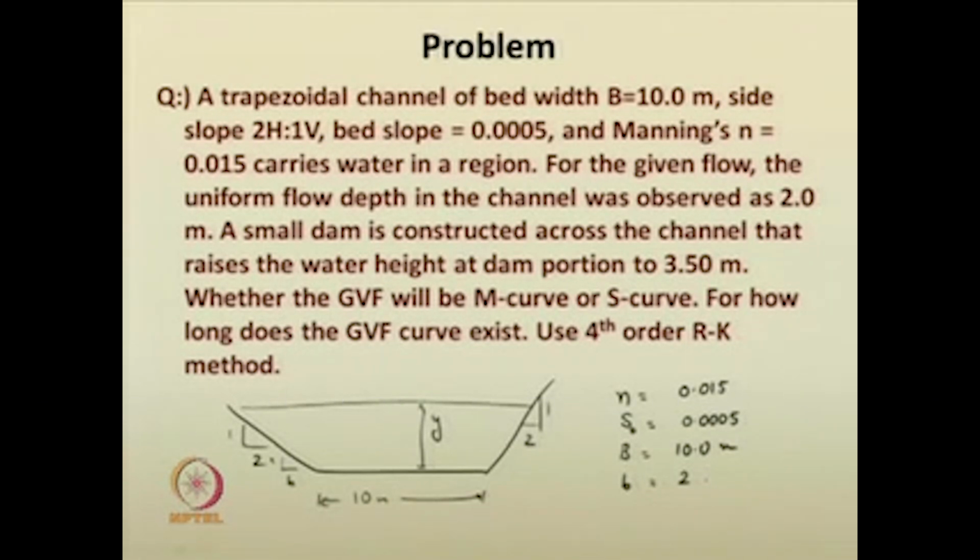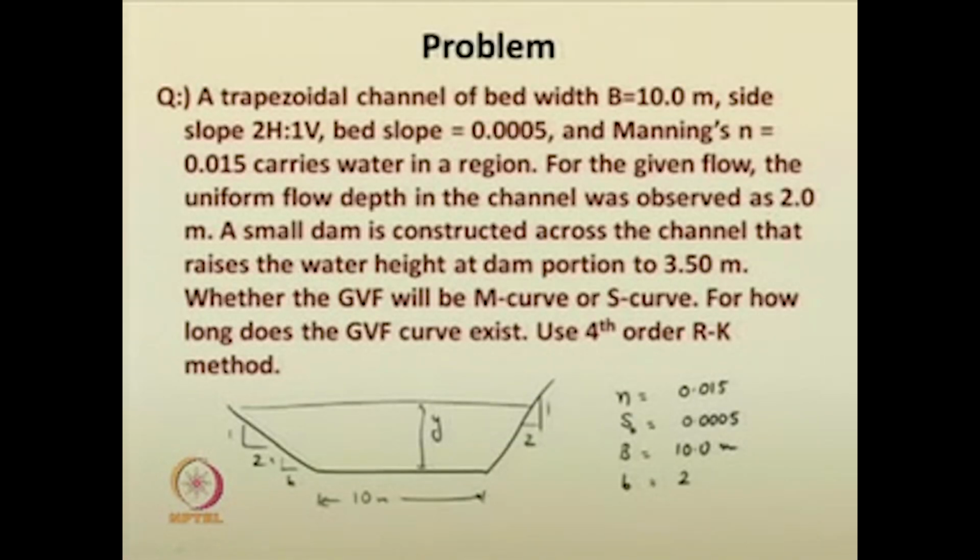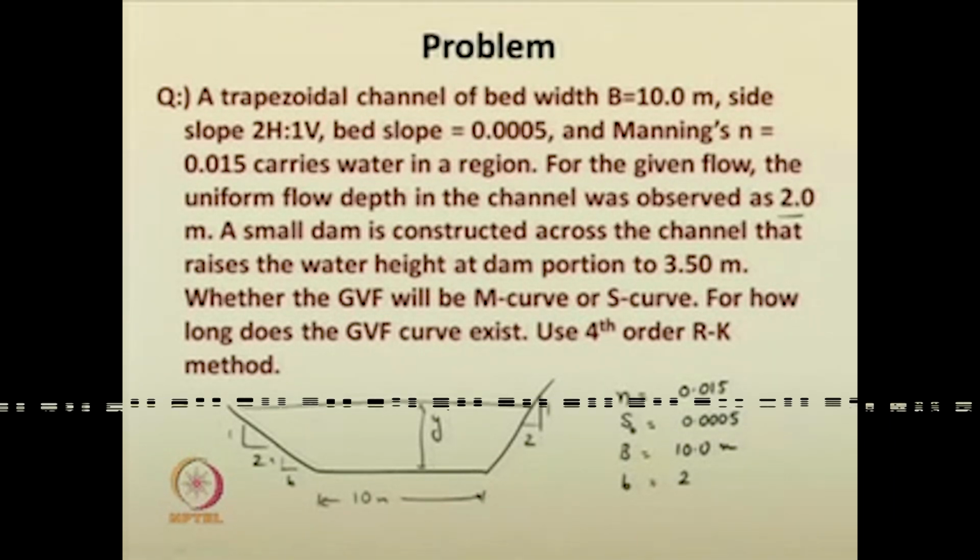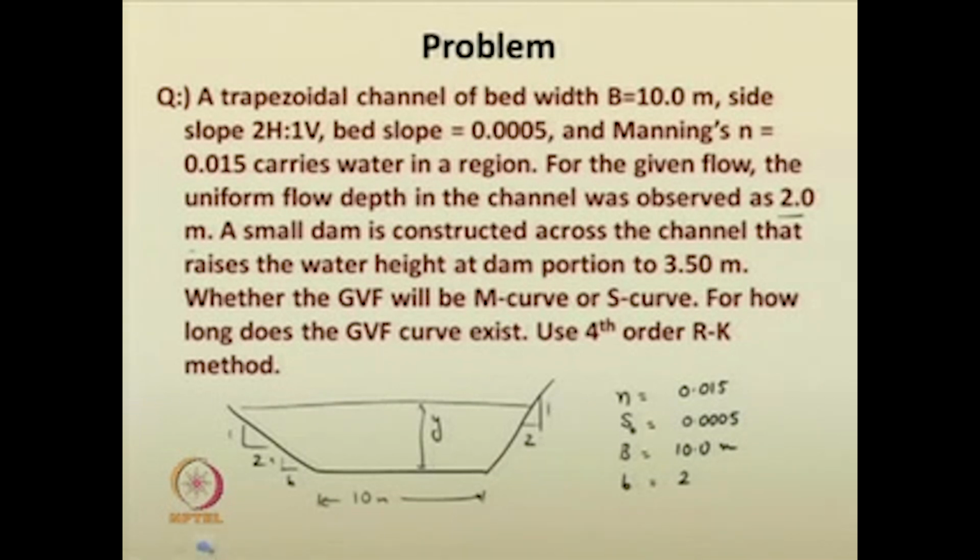So, a small dam is constructed across the channel. Say if this is the channel, it was supposedly carrying a uniform discharge as mentioned. For the given flow, the uniform flow depth in the channel was observed to be 2 meter, it was carrying uniform discharge at 2 meters depth.